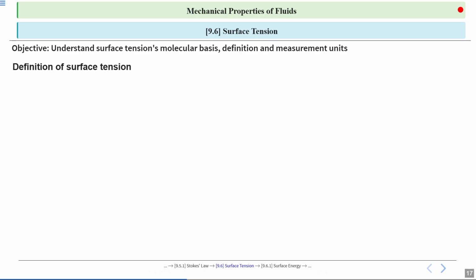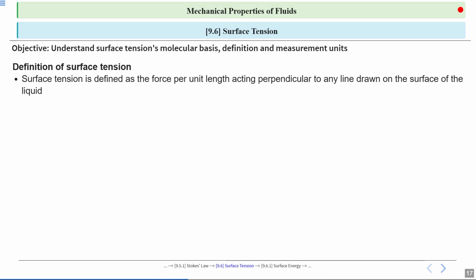Definition of surface tension. So let's define what surface tension actually is. This is an important term in fluid mechanics, and understanding its definition will help us see why liquids behave the way they do at their surfaces.